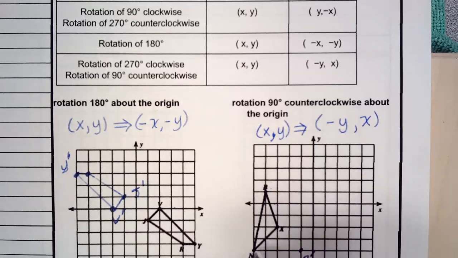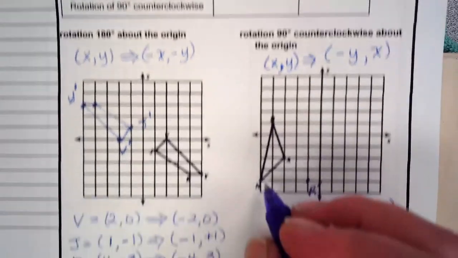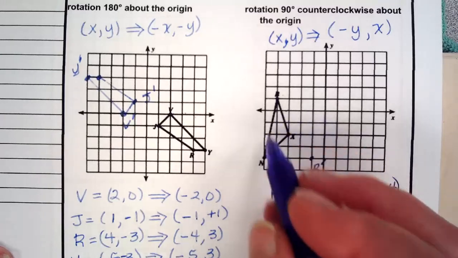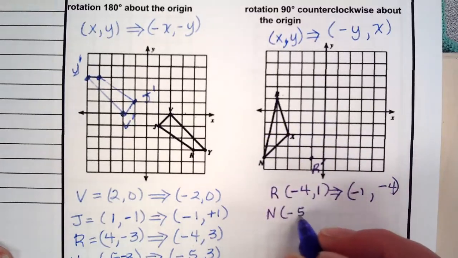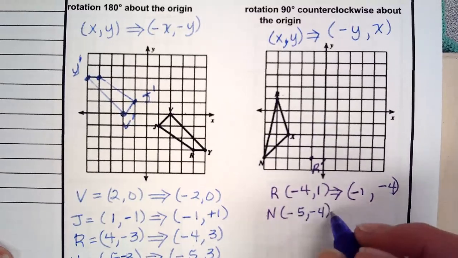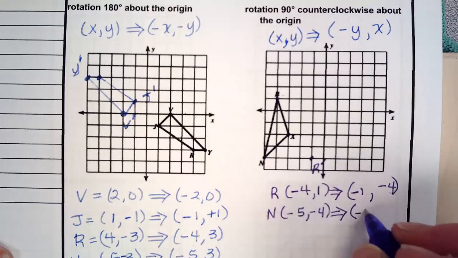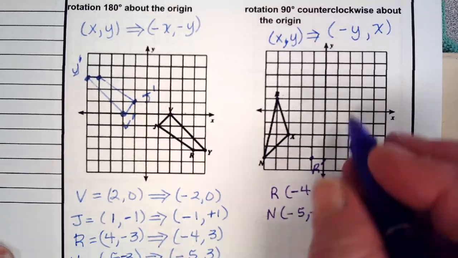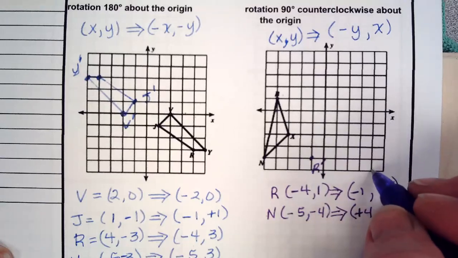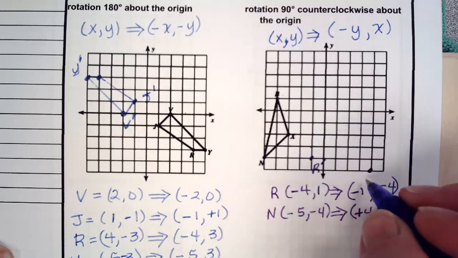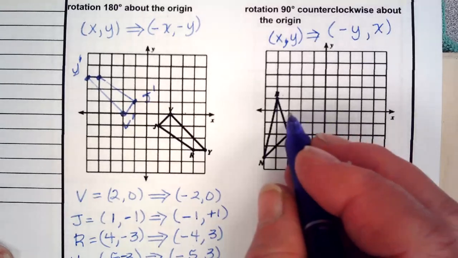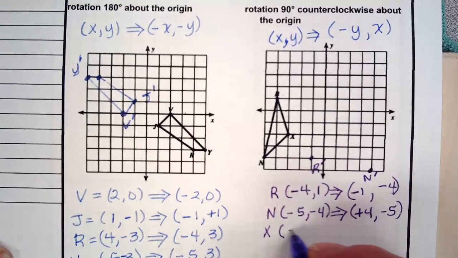Okay, for N. N is the point -5, -4. It is mapped onto -4, -5, change the first to its opposite, 4, -5. And finally, for X. X is the point -3, -2.